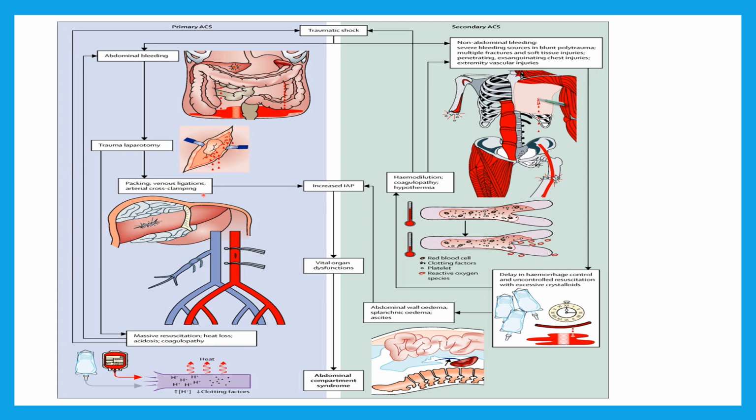And here we have a slide showing how trauma can cause both a primary problem, by causing bleeding inside the abdominal cavity, and a state of shock, which we said before will cause secondary abdominal compartment syndrome.